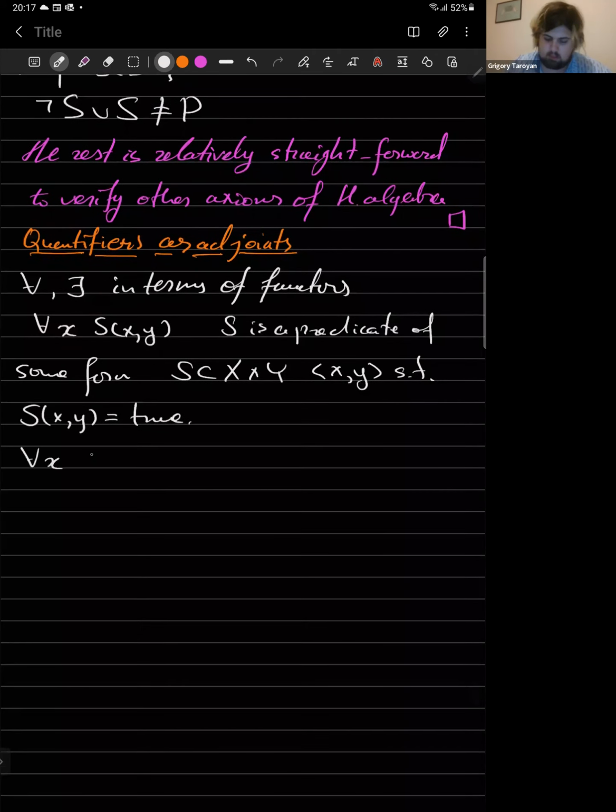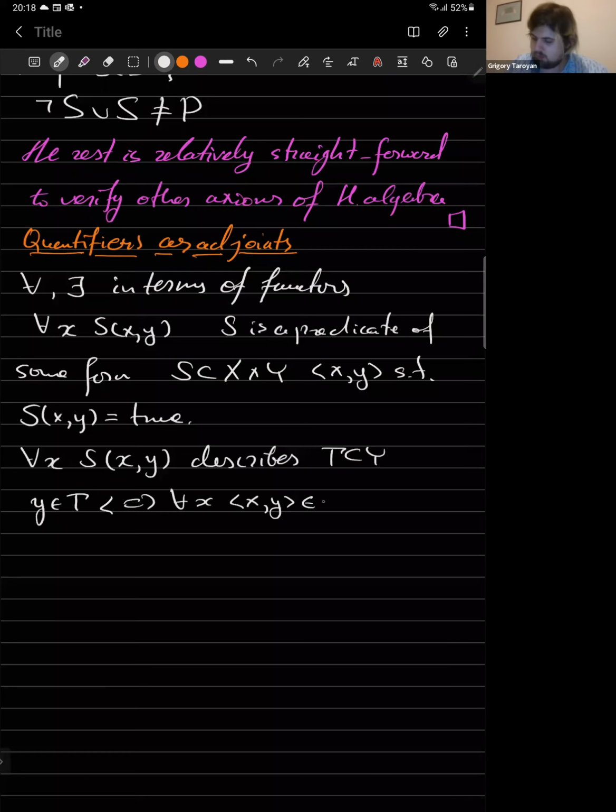Then for any S, for all X, S(X, Y) describes a related subset T in Y, consisting of small y such that for any X, the pair (X, Y) belongs to S. So basically, we have a projection from X times Y to Y, just the usual projection of a product to one of its factors.